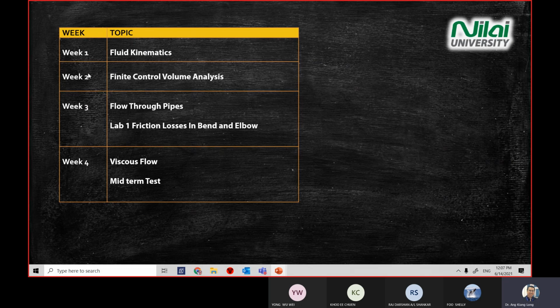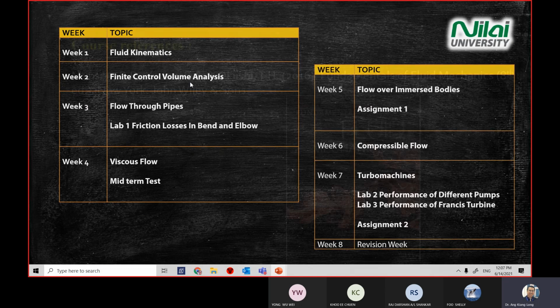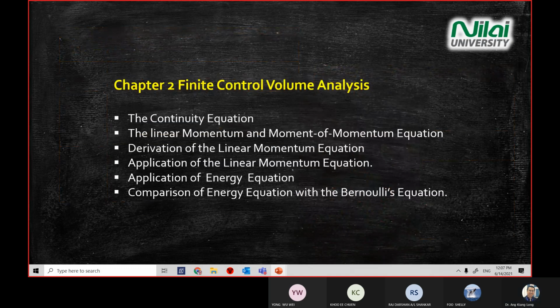All right, we are already clear on fluid mechanics from the last two weeks. Today we're going to look at chapter 2, finite control volume analysis. Under chapter 2, we have a few equations. The first one is the continuity equation. Then we look at the momentum equation. There are two, linear and angular momentum, but you can call them the momentum equation.